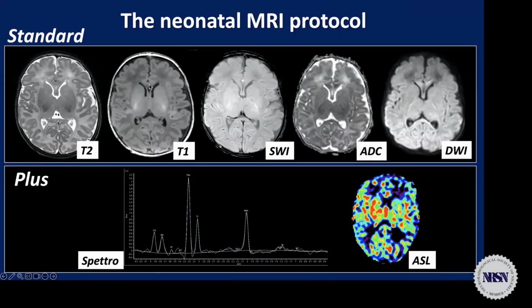So which is the standard sequence? T2 in a newborn, T1, and of course, diffusion weighted images are important in any case, DWI and ADC. And if you have it, susceptibility weighted image could also be very important. Sometimes, and we will see, spectroscopy and spin labeling are important.